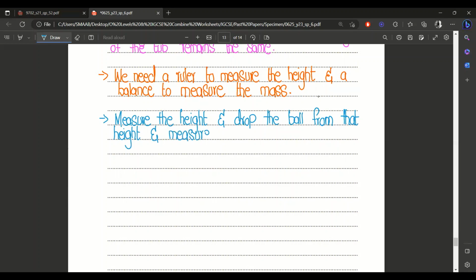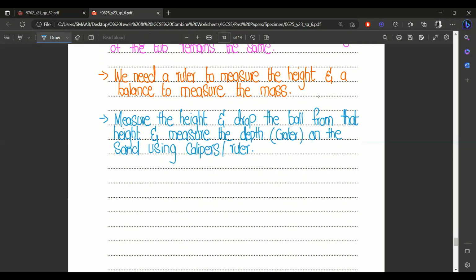And then measure the depth of the crater on the sand using a caliper or a ruler, because we have to measure the depth.